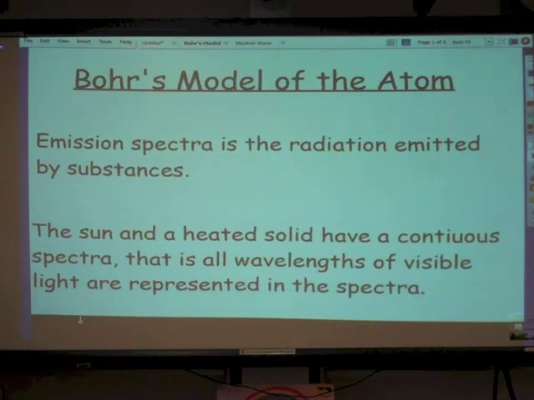It's a continuous spectrum. We'll see tomorrow in class that our light bulbs in our classroom also give off continuous spectra. That is, all wavelengths of visible light are being emitted by the light bulbs in our class.